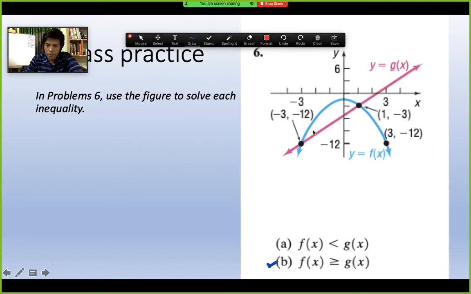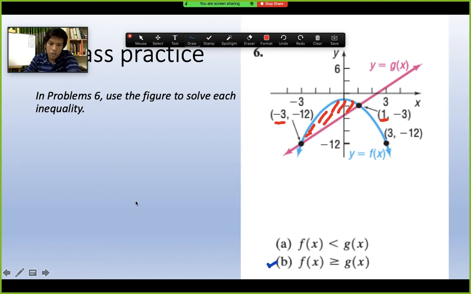f(x) is this blue graph, and see this part here is above the line, up to this point. So from -3 up until 1, our f(x) function is greater than the g(x) function, because this is above the g(x) line.